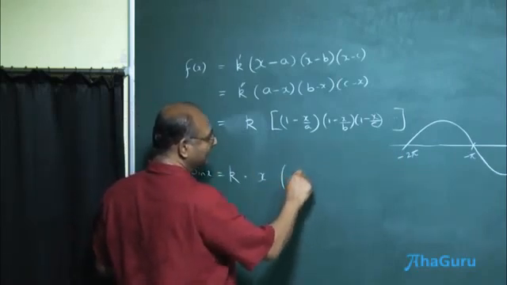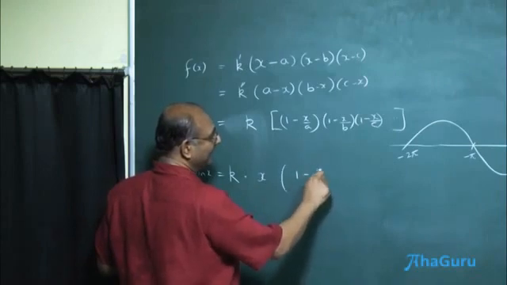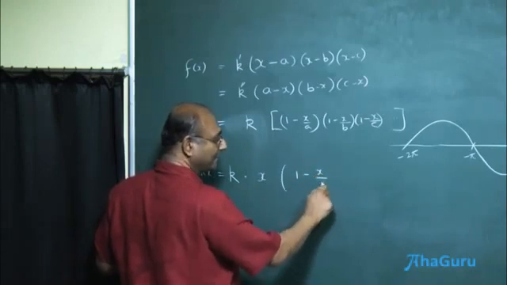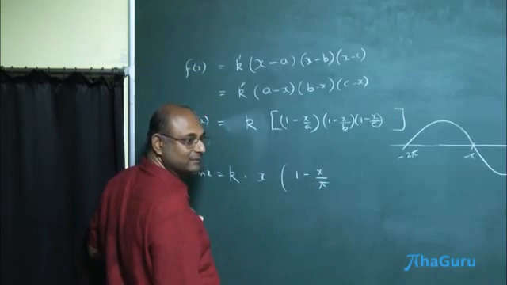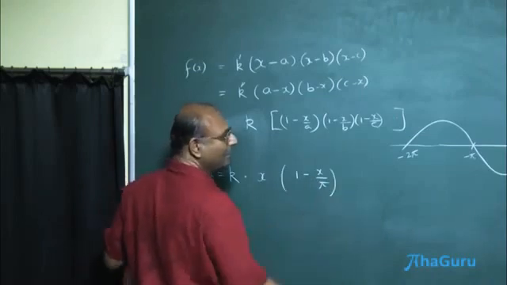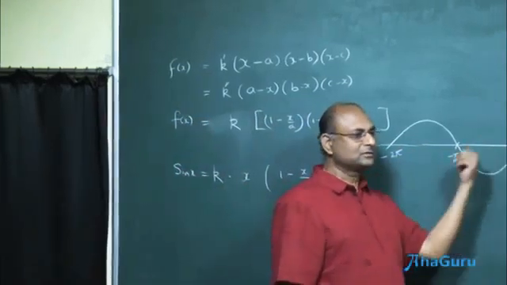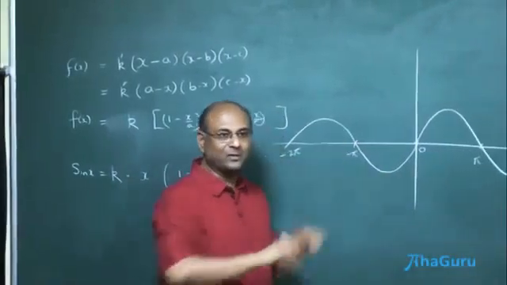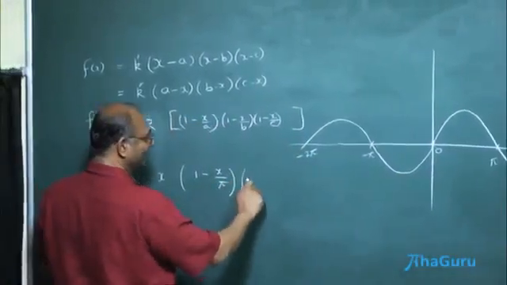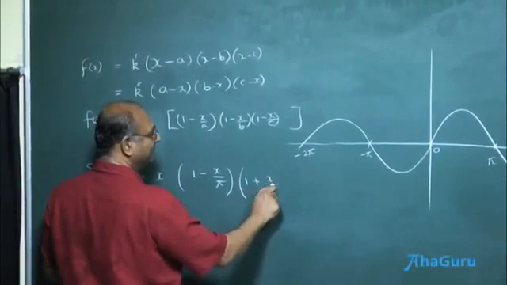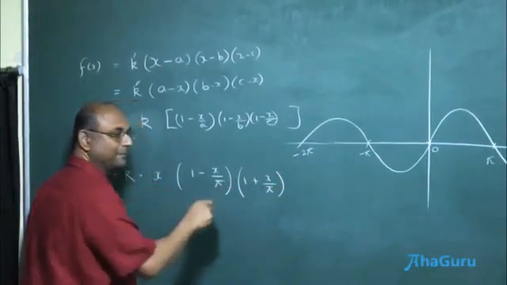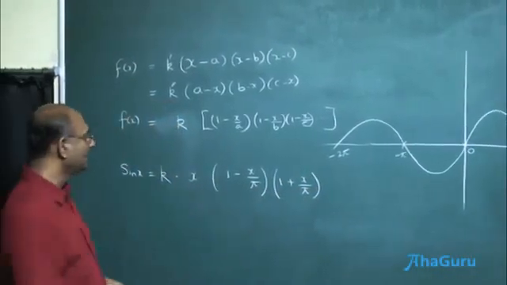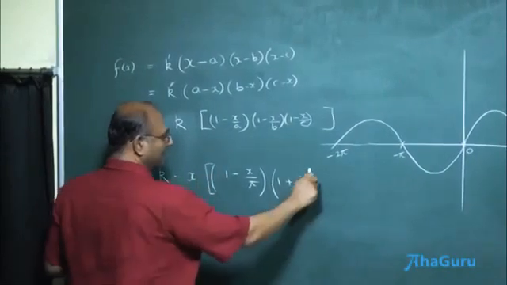Into, and what is interesting is 1 minus x by pi, because the first root is pi. Well, what do you mean by first root? This is also the first root. First root away from the origin. So write the next one like this: 1 plus x by pi, because it's 1 minus x by minus pi. Bundle.